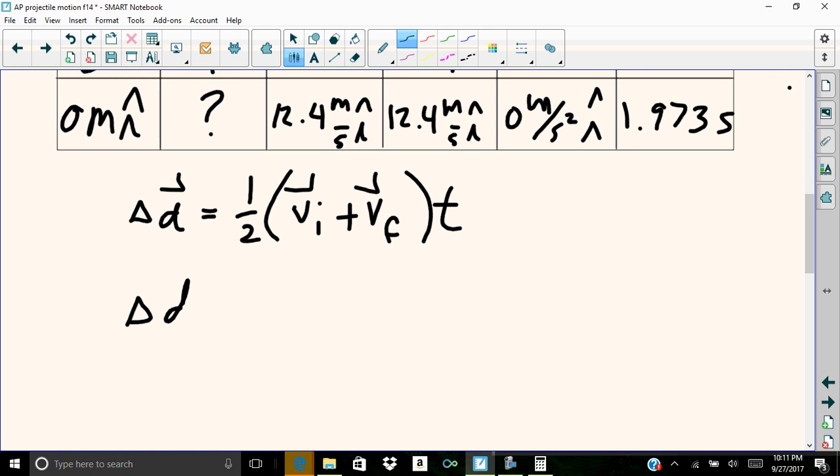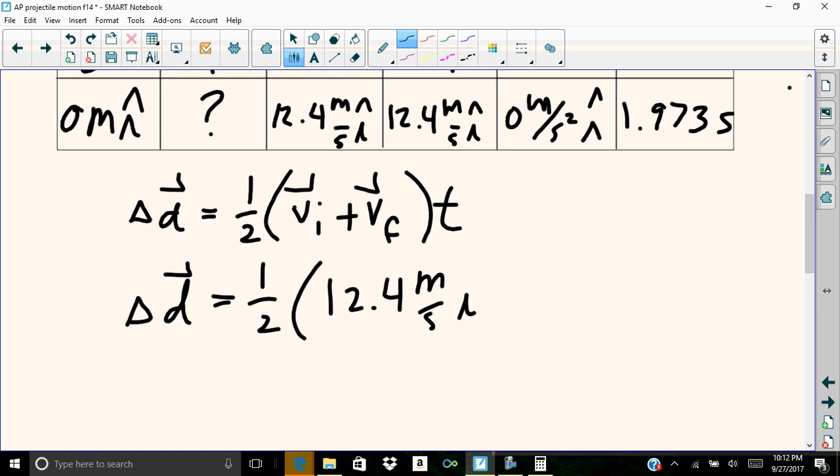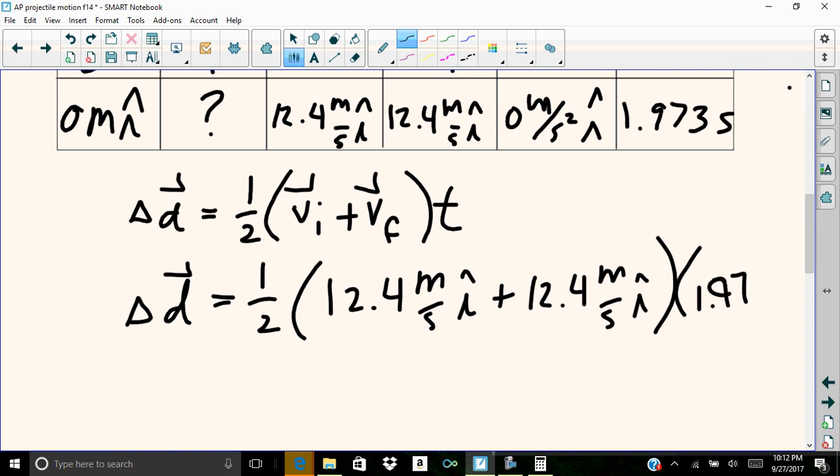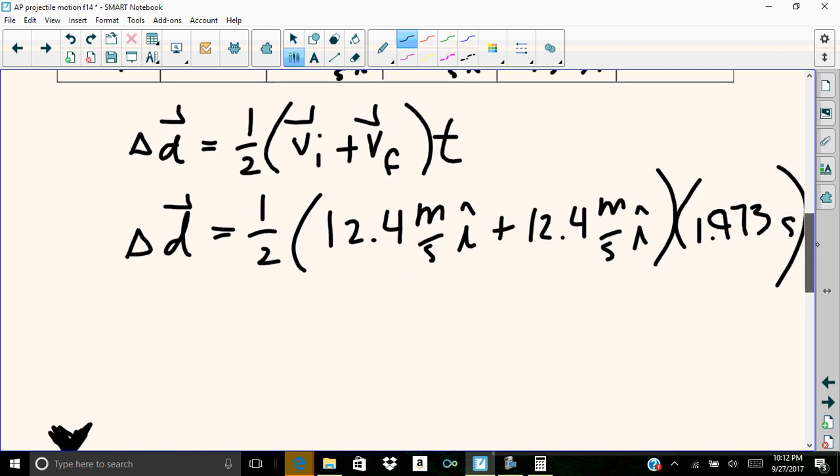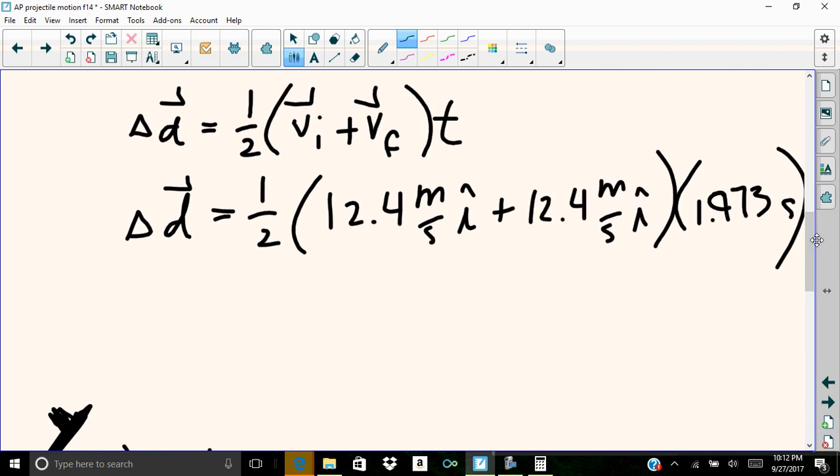So delta D is equal to 1/2 times 12.4 meters per second I hat plus 12.4 meters per second I hat times 1.973 seconds. Now, some of you may have already noticed that 12.4 plus 12.4 is 2 times 12.4, and 2 divided by 2 is 1, and that would be correct.